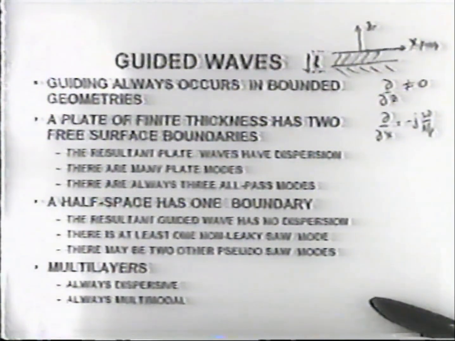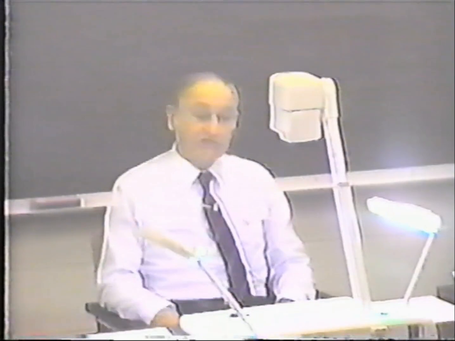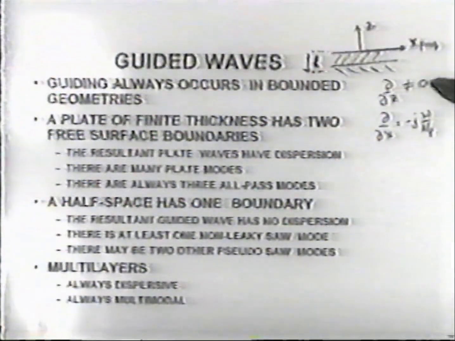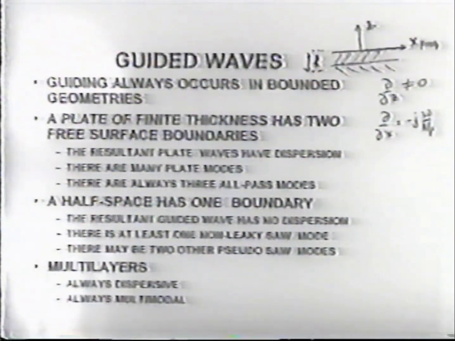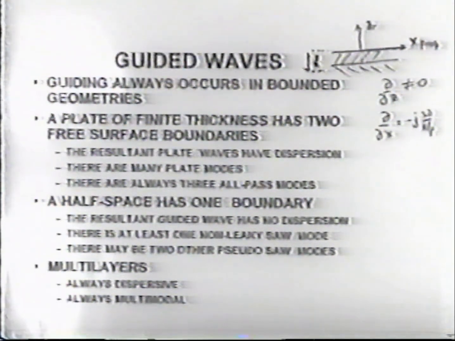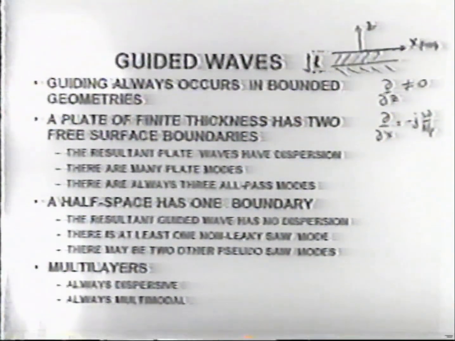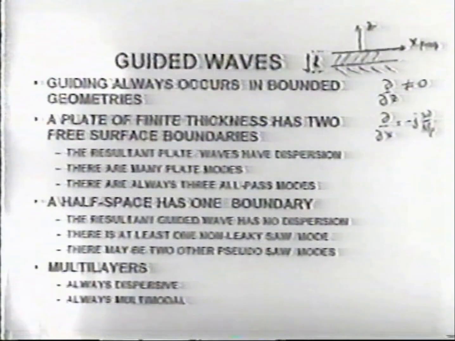So that's sort of the general words that go as a follow-on from the bulk wave problem. To recap, in the bulk wave problem, we have d/dz equal to 0. We have no dispersion, we have 3 velocities, and that takes care of that problem. And there are explicit ways for calculating what the velocities are and what the wave polarization is.